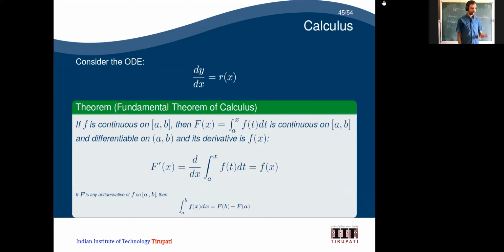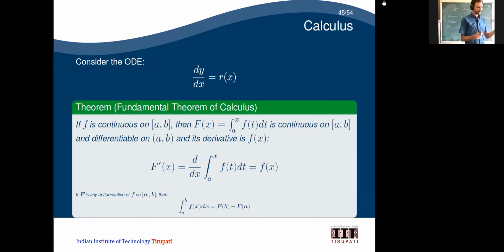So dy by dx equal to r of x is my given ordinary differential equation. Now, from the fundamental theorem of calculus, I can just integrate on both sides. The left hand side becomes dy, and on the right hand side I get r of x into dx.